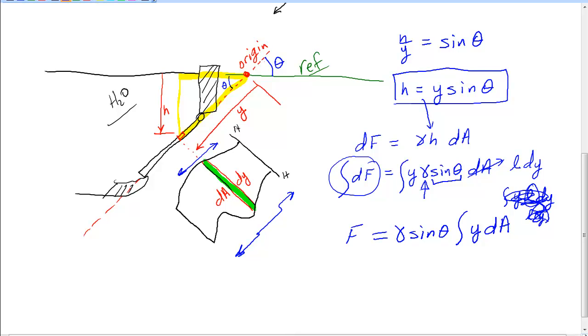Now, without too much thought process behind this, you'd recognize this as being something related to y bar. Think about it like this.